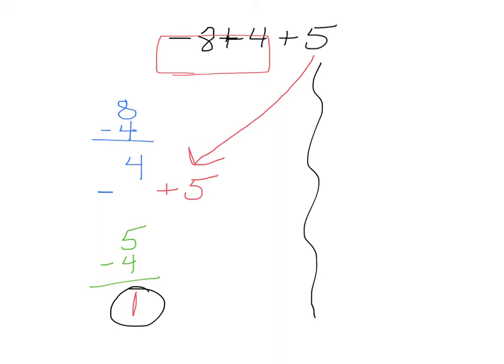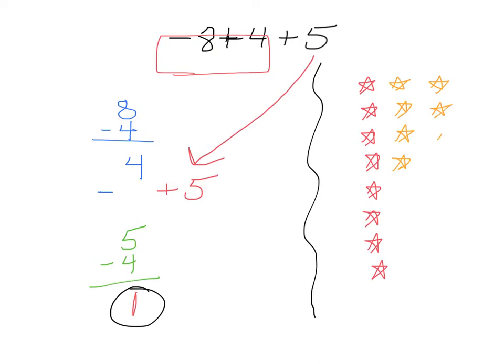If you wanted to use the counter method, which is okay, let's do it this way. We would need 8, and I'm going to make stars this time. We would need 8 red ones. Then we're going to get yellow ones. So we would have a group of 4.